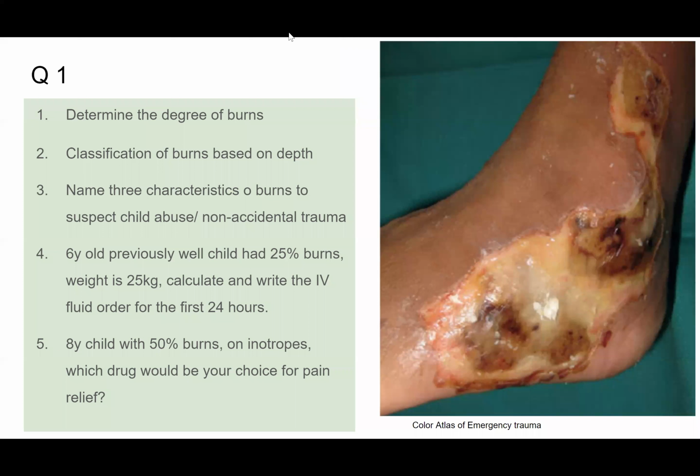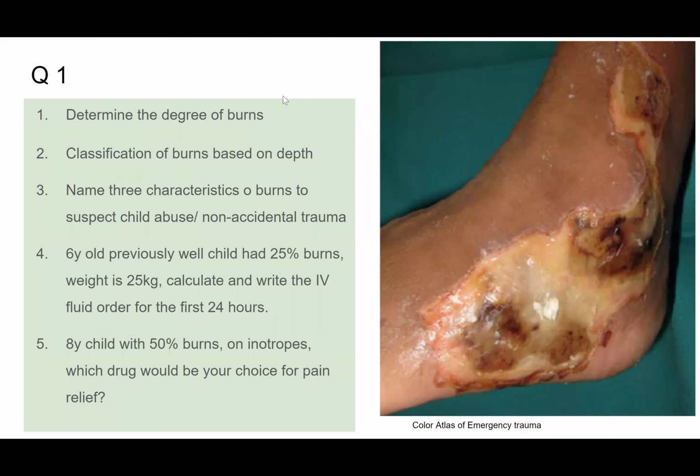Then an IV fluid order. How much is it? Please unmute and answer.